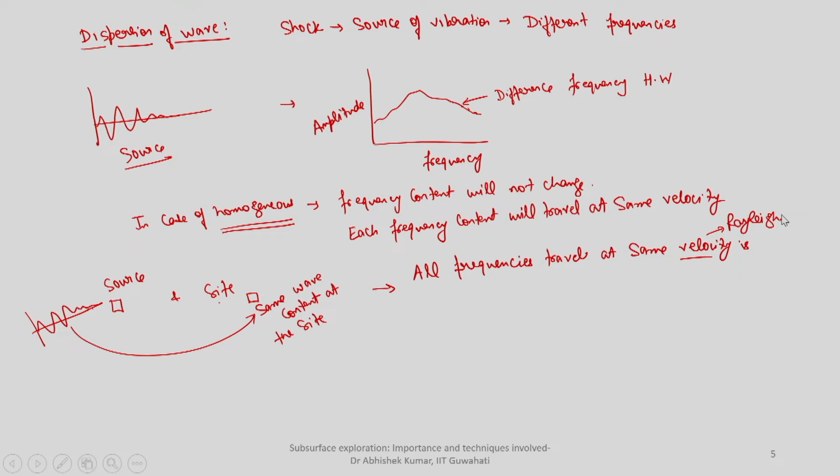So, from now onward I will be discussing the advantages and interpretation of Rayleigh waves, like in general surface waves. So, same velocity, the medium is called a non-dispersive medium. It is not going to change the frequency content of the wave, nor the propagation velocity of each frequency content of the wave. It is called a non-dispersive medium.